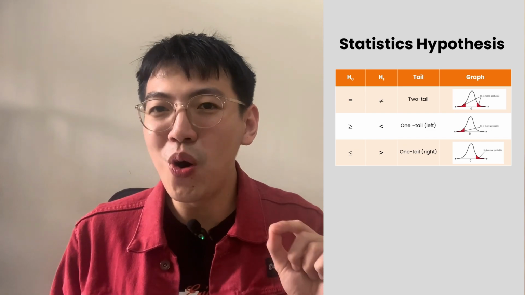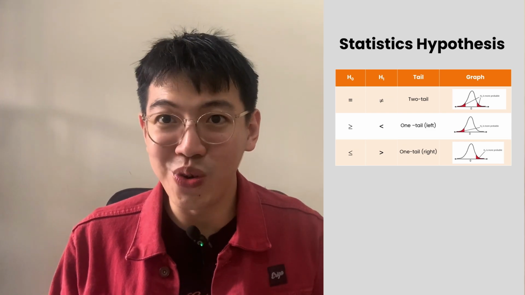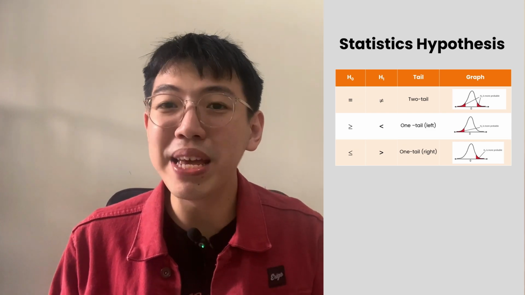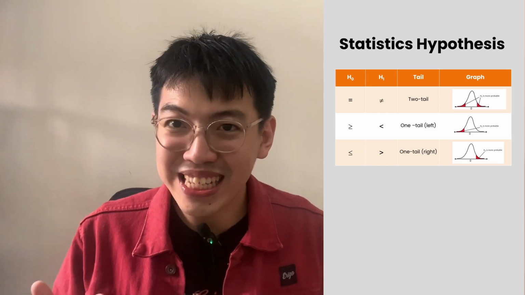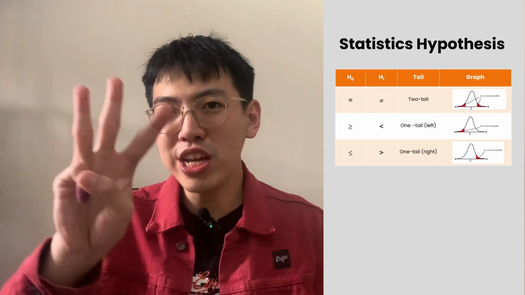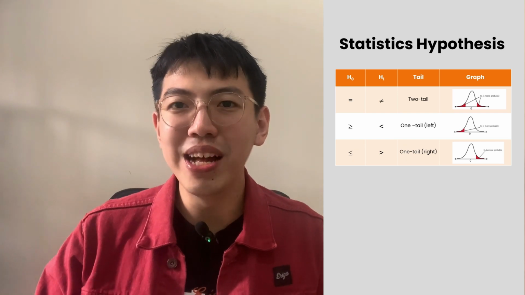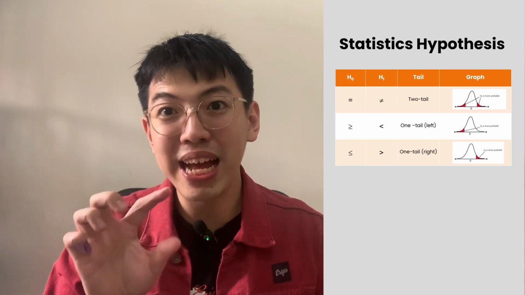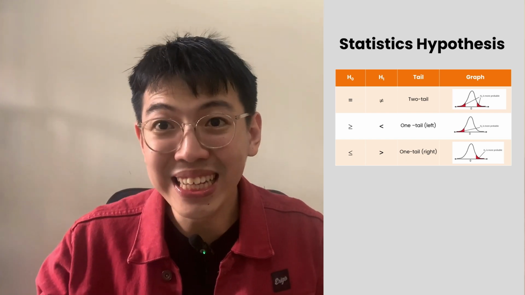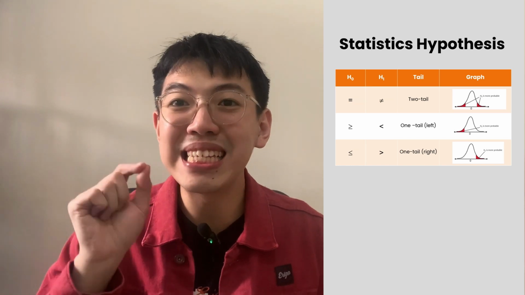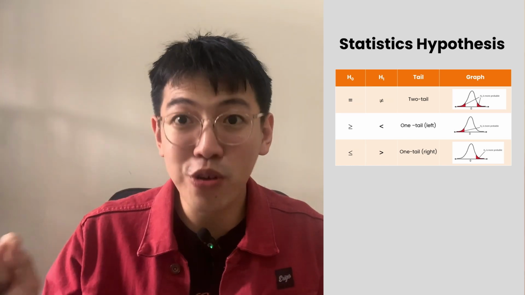If the H0 is less than or equal, the H1 will be more than. It is easy, right? So we have three couples here. The first couple will be equal and not equal. The second couple will be more than or equal and less than. The third couple will be less than or equal and more than.